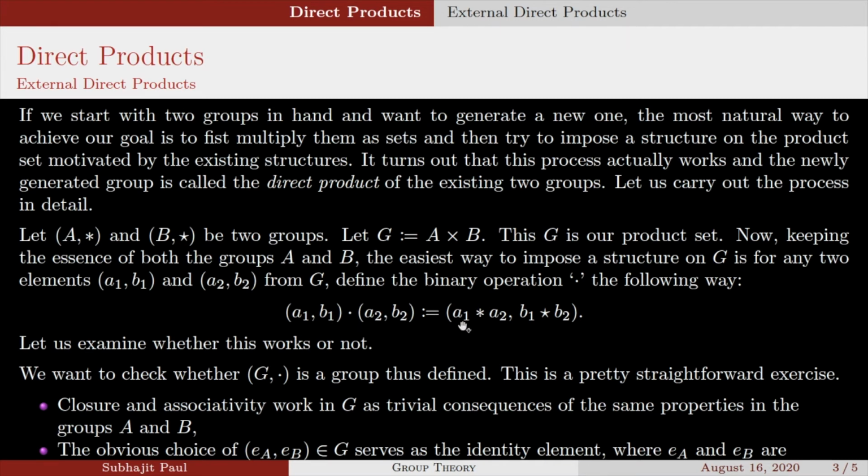EA times A2 is A2, EB times B2 is B2. So it will be (A2, B2). So this is your identity: identity times (A2, B2) is equal to (A2, B2). The same will be the case from the right side as well. So that is the obvious choice of the identity element (EA, EB).